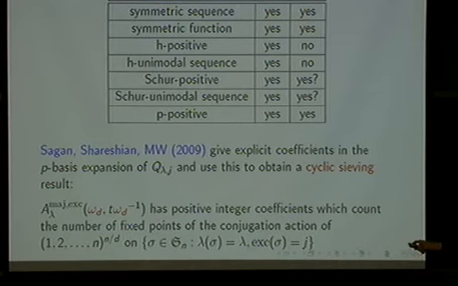You conjugate the permutations in this set by that permutation, and the number of fixed points of that action is equal to the coefficient of t to the j in there. And this proof relies on symmetric function theory, so it's an interesting bit of combinatorics.